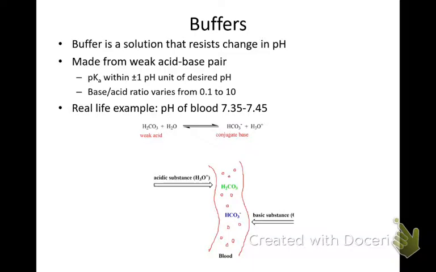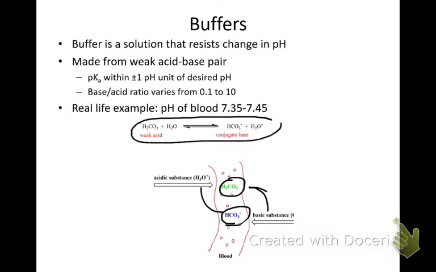And so that way, whenever an acidic substance is added to your blood, a little bit of the HCO3- can react with the acidic substance. Or if a basic substance is added to your blood, it can react a little bit with the acid form, H2CO3. And in that way, we're just slightly shifting the weak acid, weak base equilibrium according to Le Chatelier's principle.